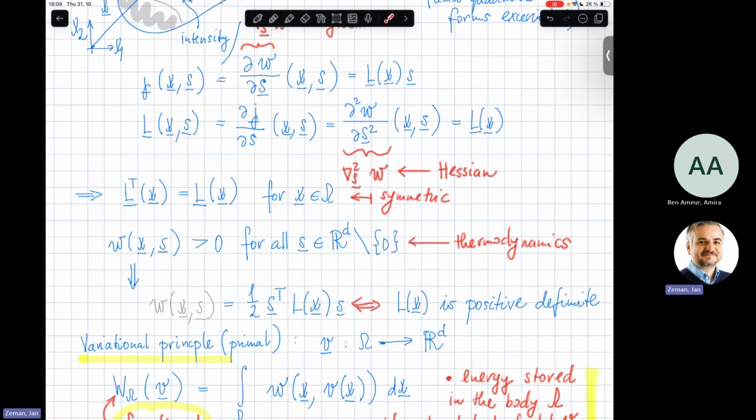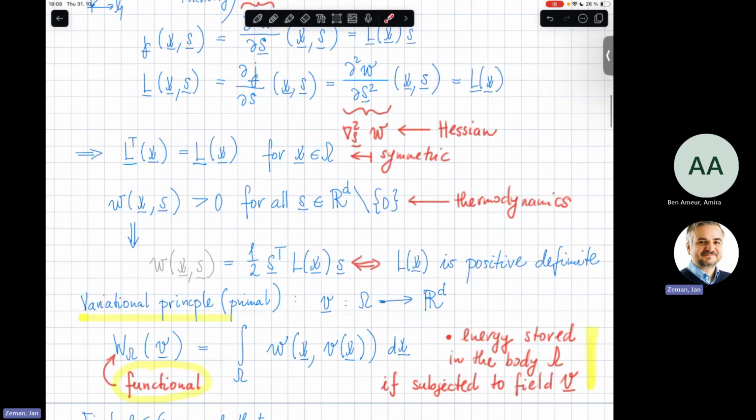So this is a principle which is very consistent with some basic thermodynamic considerations, which say that my body cannot spontaneously produce energy. It only consumes it, in the sense that I need to store certain energy to initiate some temperature, some heat flux phenomenon, or deformation of the body in elasticity, for instance.